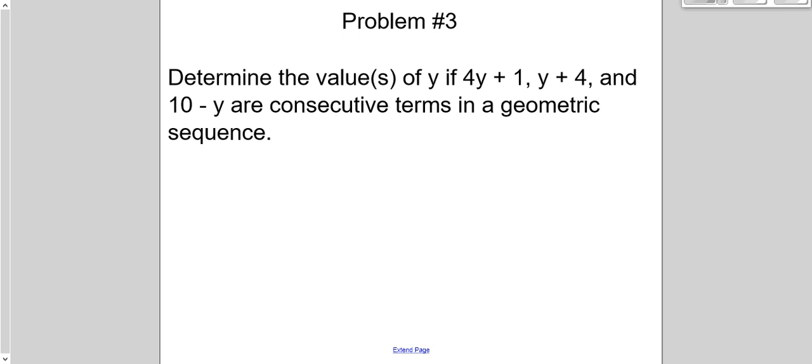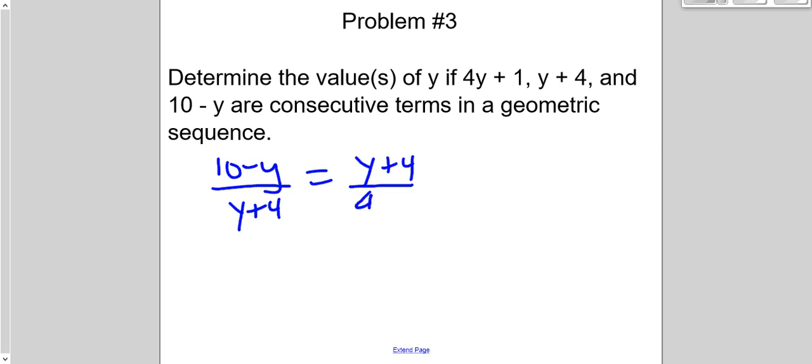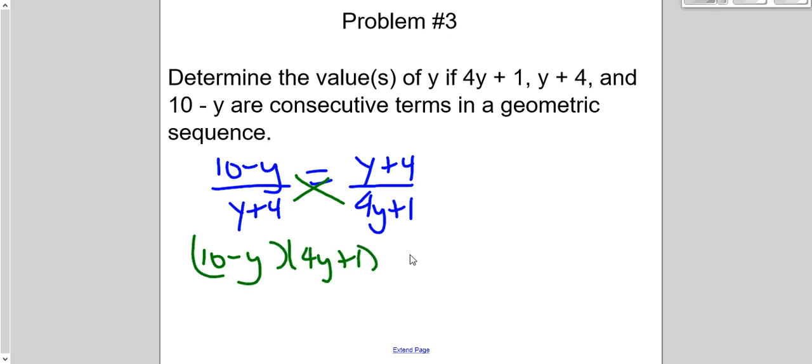Here's just another one. It's the exact same thing as what we did problem before. So 10 minus y divided by y plus 4 should be the same thing as if I took y plus 4 and divided it by 4y plus 1. And then cross multiply, and you get 10 minus y, 4y plus 1 equals y plus 4, y plus 4.